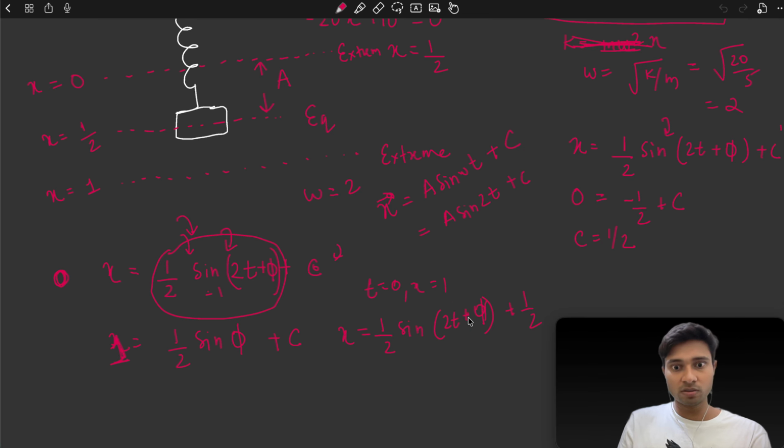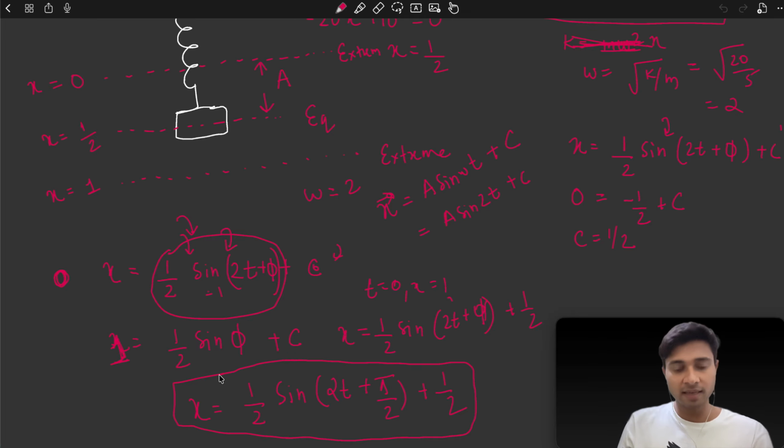So at t equals 0, this should be 1, so phi is pi by 2. So x is equal to 1 by 2 sine 2t plus pi by 2 plus 1 by 2. This is the function of x with respect to time t.